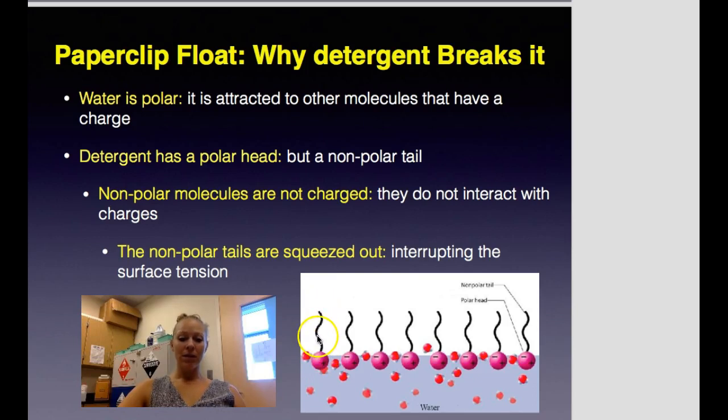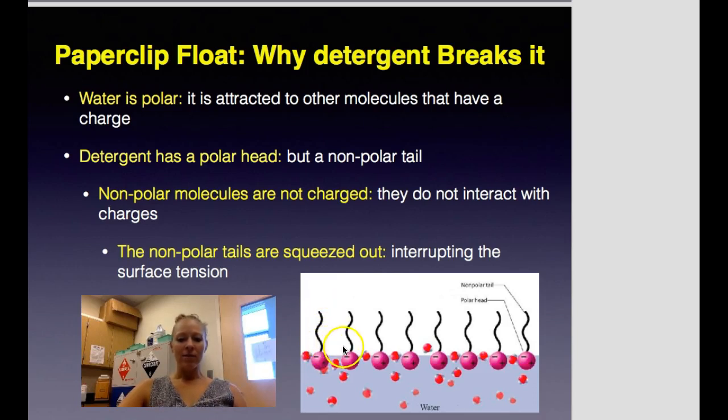And so it should make sense that these polar heads, this polar side of the molecule, is attracted to the water because it's charged. And so the charges are attracted. So it pulls it right in. However, these nonpolar tails are going to get squished right out because they aren't charged. And so they're going to stick right up out of the water because they're nonpolar.